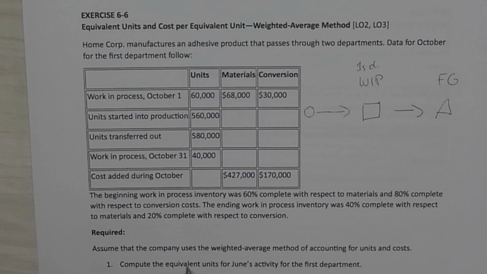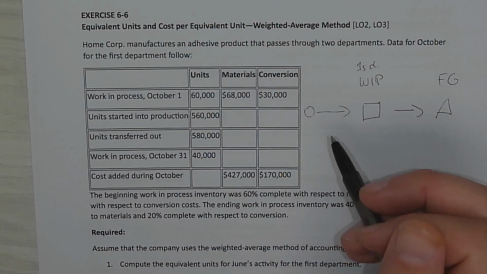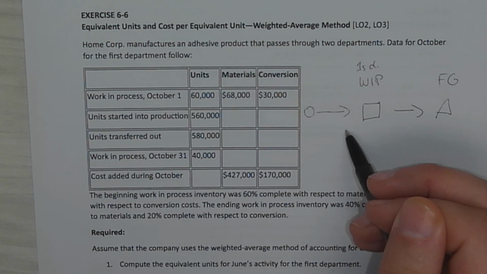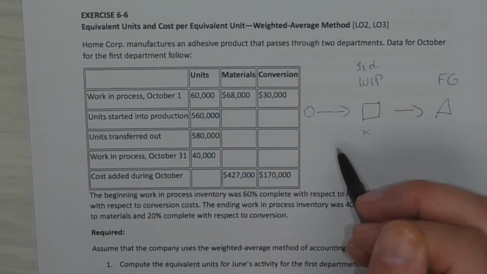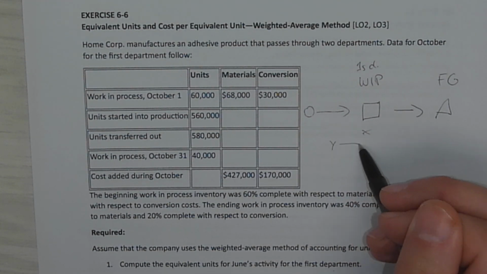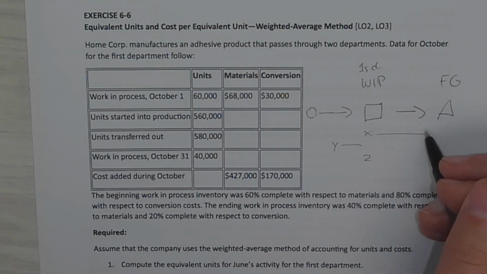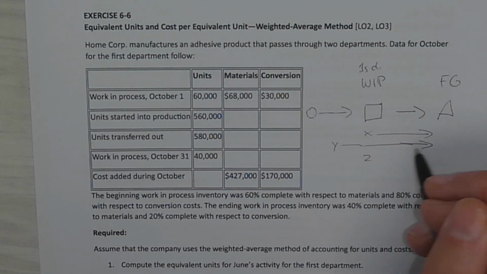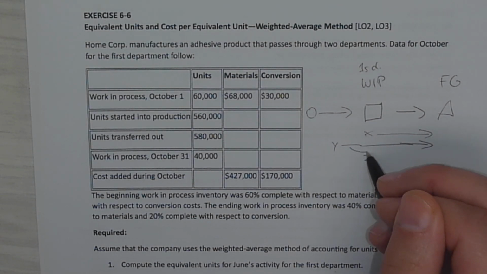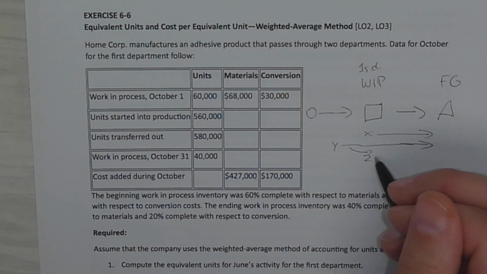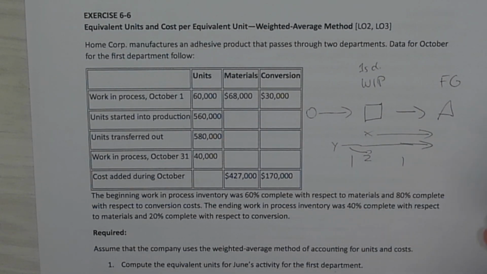We need to compute the equivalent units for October's activity in the first department. So we need to know what is the equivalent unit. We start here with an amount and then we finish with some. Most of this will all move through, but whatever doesn't will be what we have as our closing balance.